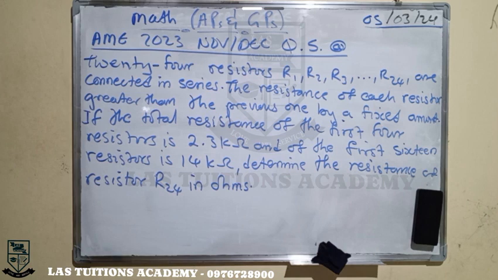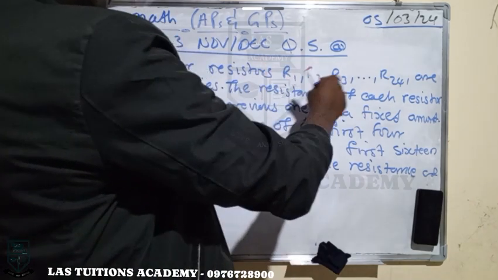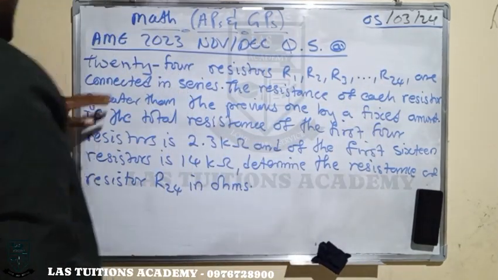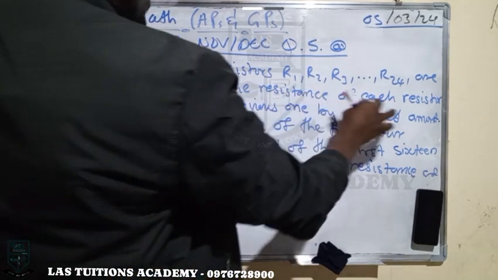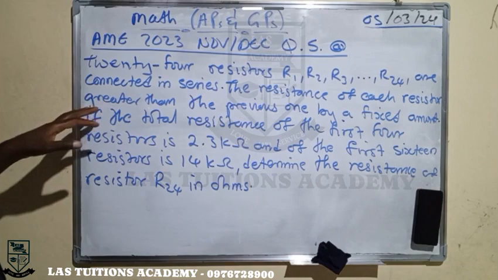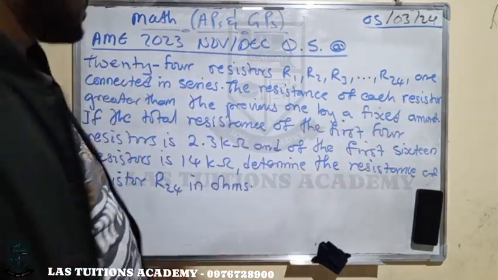Okay, so this is the question we have. So we need to exercise our knowledge and see whether we have learned something or not. So I'm saying 24 resistors, R1, R2, R3, all the way up to 24, are connected in series. The resistance of each resistor is greater than the previous one by a fixed amount.